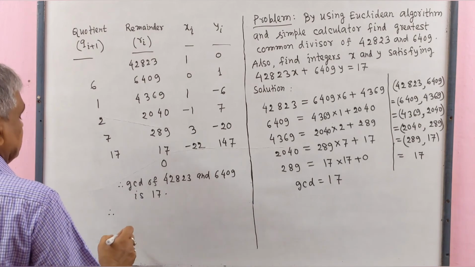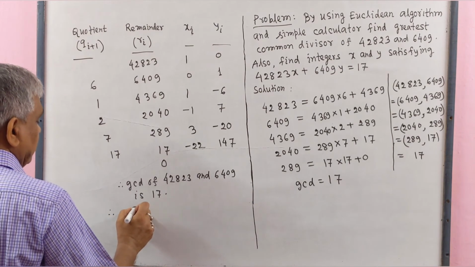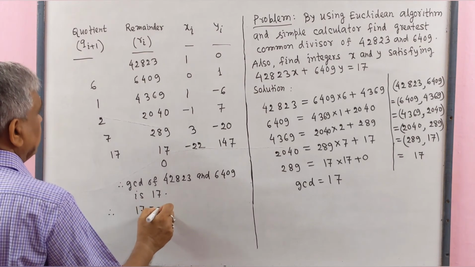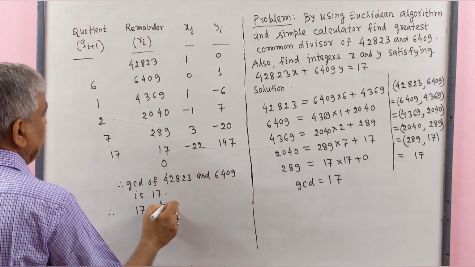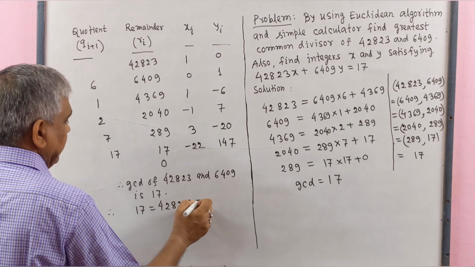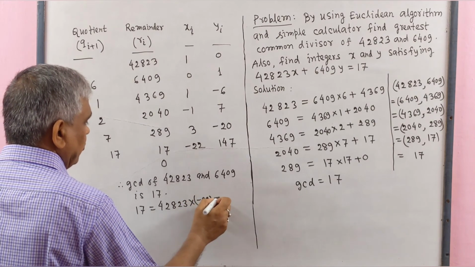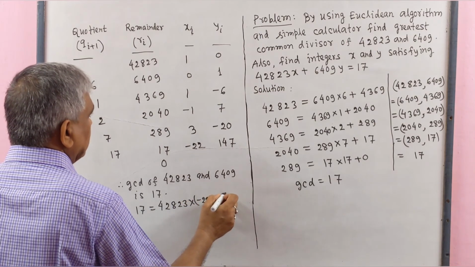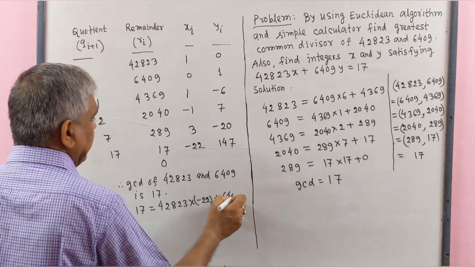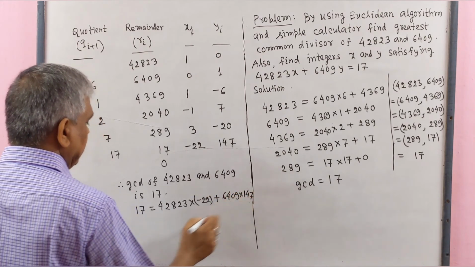Therefore, we may write 17 equal to 42,823 multiplied by minus 22 plus 6409 multiplied by 147.